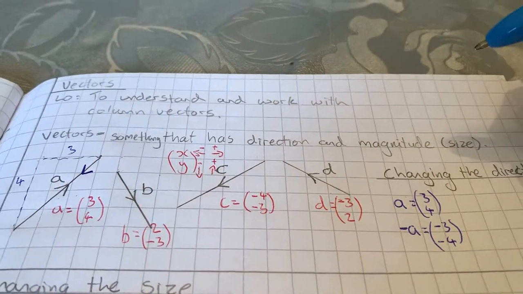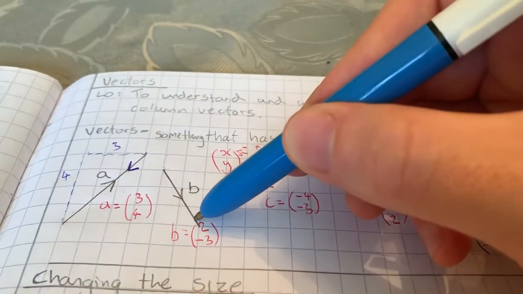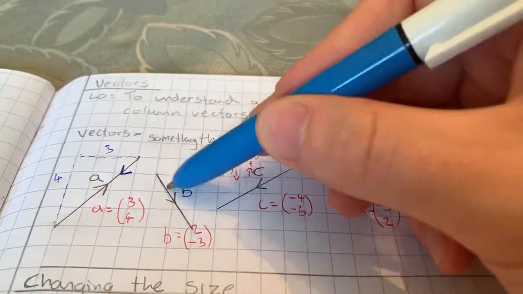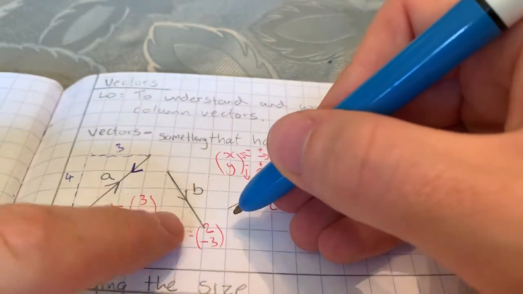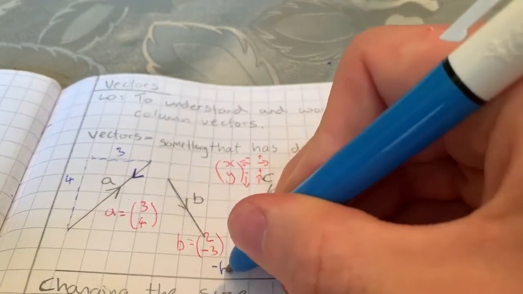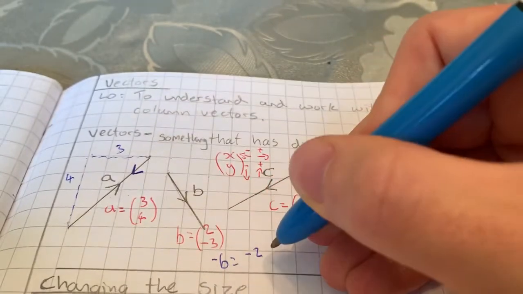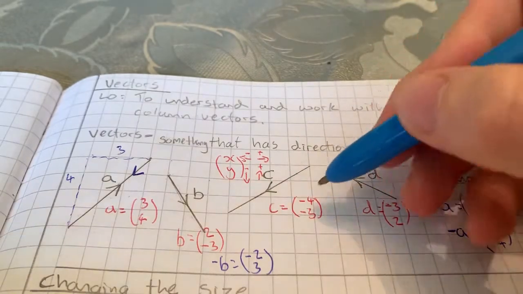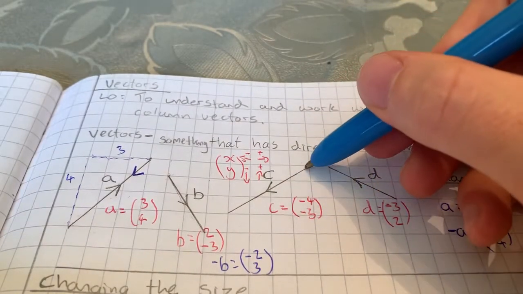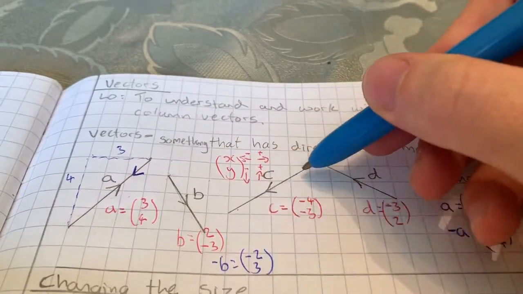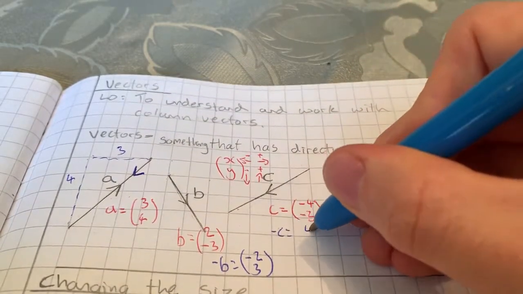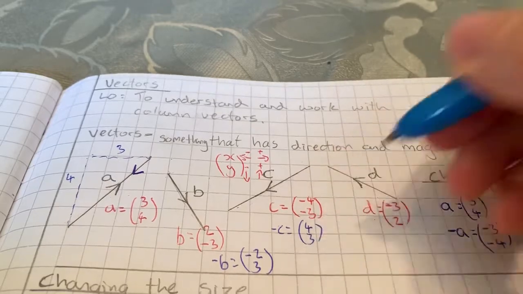If you did that with B, you changed its direction from going this way to going the other way. You'll change that too, so it'll be minus B, and that will be minus 2, and that will be positive 3. If we wanted to change C from going here to the other direction, that will be minus C, will be 4, 3.